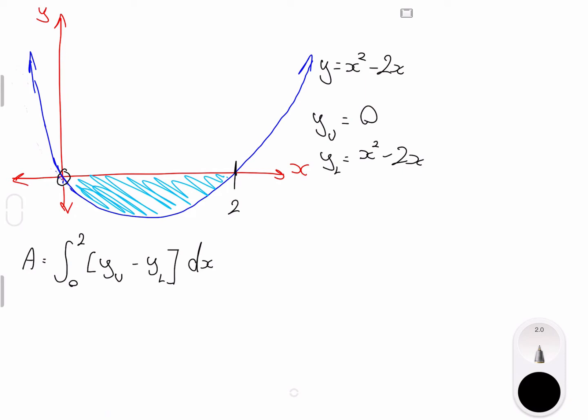Alright, so let's plug in these functions now. So, therefore, area equals the integral from 0 to 2 of 0 take x squared take 2x.